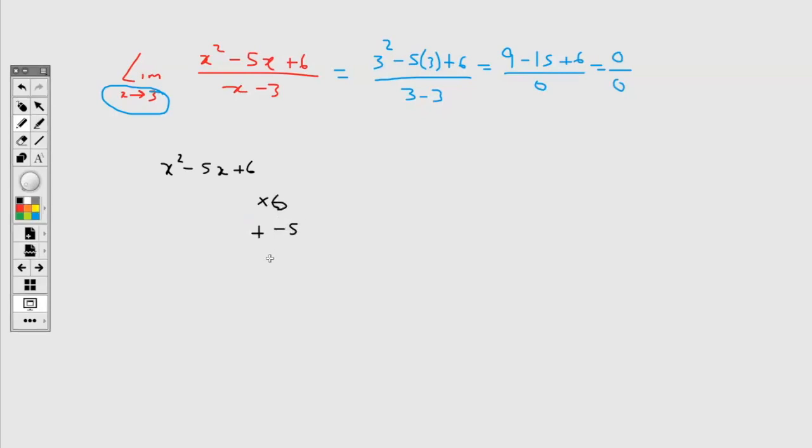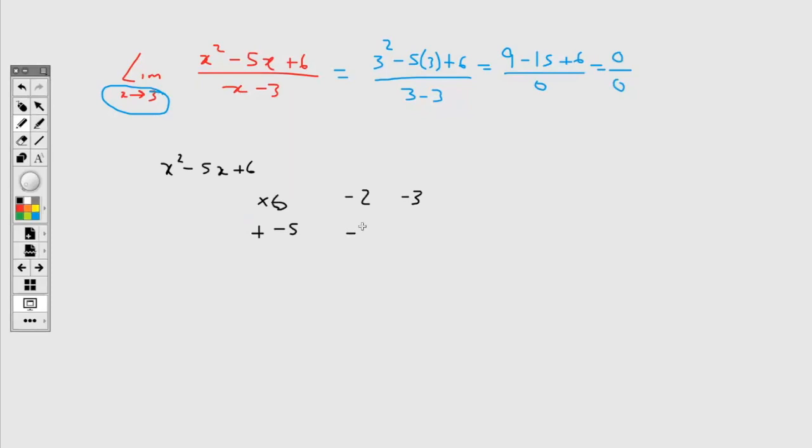So what are these two numbers? If you're having problems factorizing, just think of what gives you 6. But given that there's a negative sign here, it assists us in knowing what to do. So I will have negative 2 times negative 3.